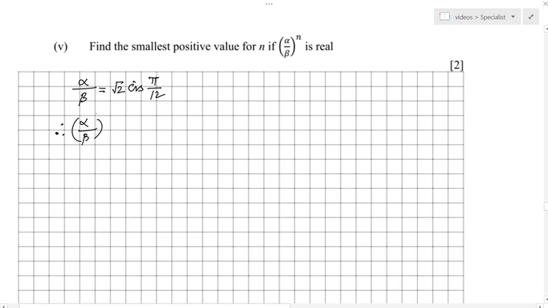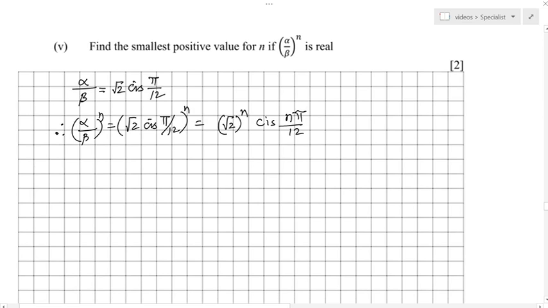Therefore, alpha over beta to the power n is equal to root 2 to the power n, and that becomes root 2 to the power n cis n pi over 12. Now, for this to be real, this n pi over 12 has to be along the real axis.